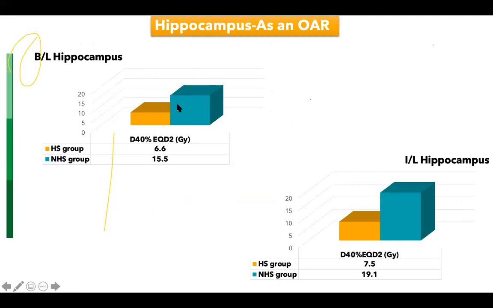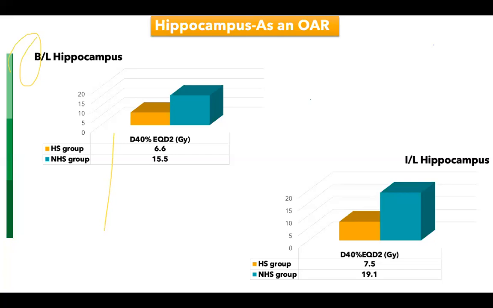This has been done by one of my residents, Manish, who's now in Tata Memorial. So he had done this work. We used to not spare the hippocampus, and then we started sparing the hippocampus, and it made a big difference. There was a significant impact on the constraint that has been given by Vinay Gandhi, which is D40% EQD2 should be less than 7.3 gray.